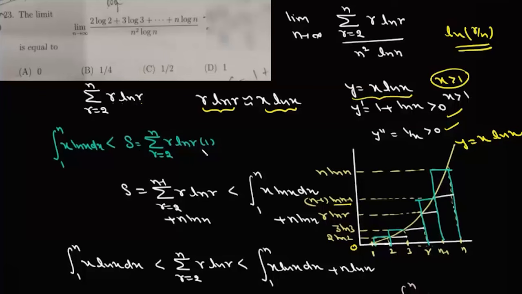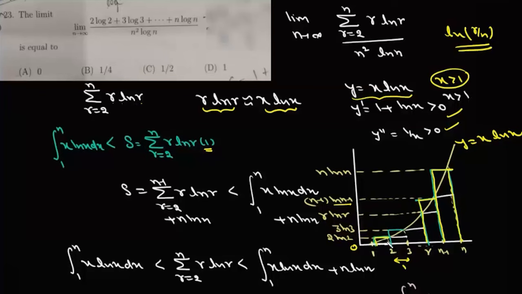Now we'll come back to our series, which is the summation r from 2 to n of r log r, and we'll take this as r log r into 1. So we are going to multiply r log r with 1, and 1 is basically the width of this interval. So we are talking about the area of rectangles. Now n log n will be this rectangle, n minus 1 log n minus 1 will be this rectangle, and 2 log 2 will be this rectangle.